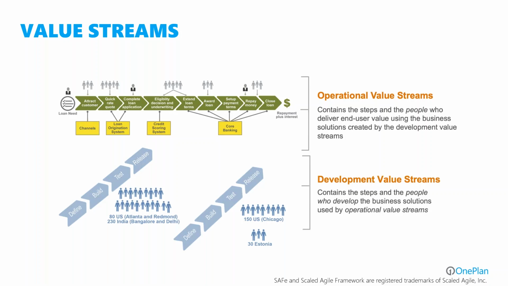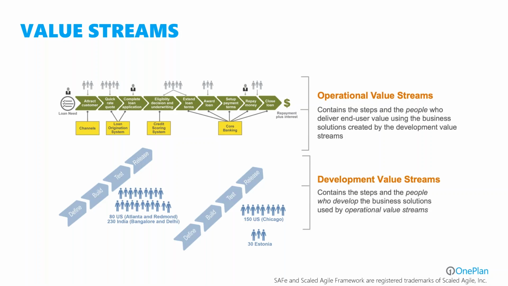So you think about the core business processes or value streams in your organization that begin with an early step and ultimately deliver value to both the customer and to your organization.